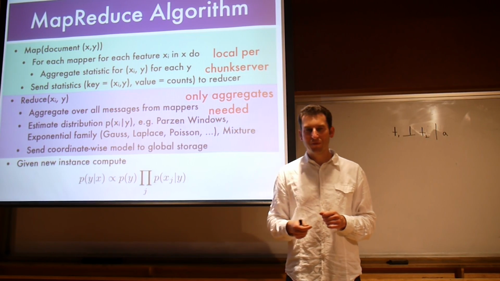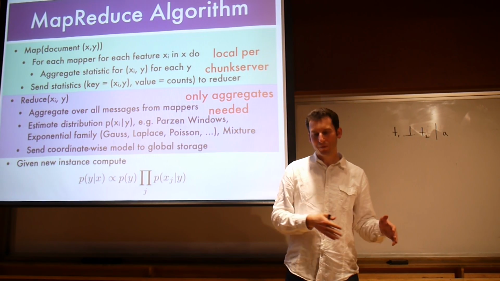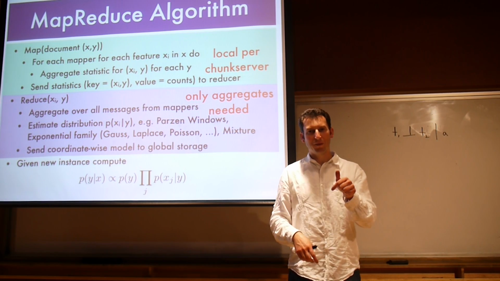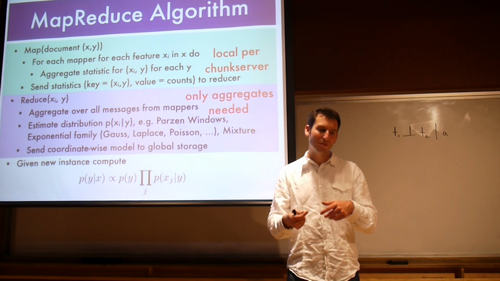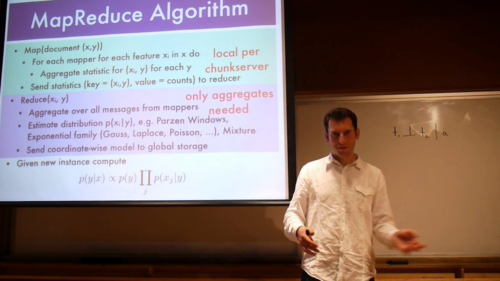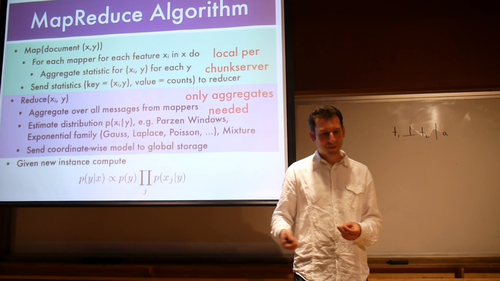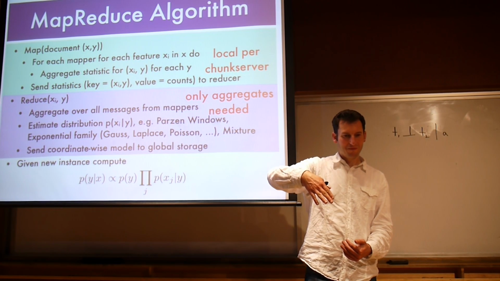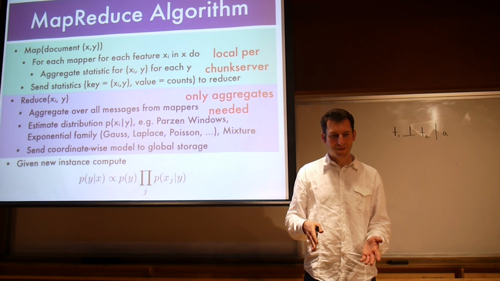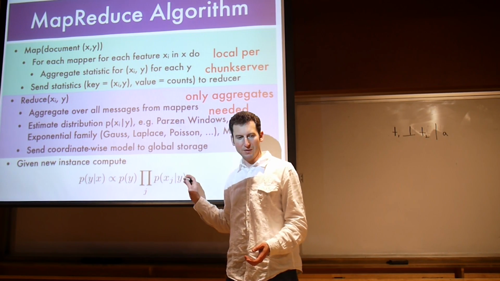The reducer takes both the labels, so one of those reducers is going to take all the labels, the other one is going to take label and maybe the word dog, the other one label and the word homework, and the third one label and the word 8, and you aggregate. And then in the end, you can use these statistics to come up with that probability estimate.